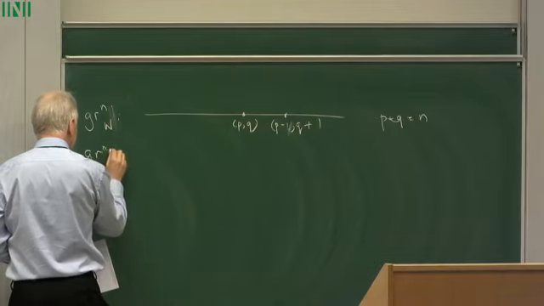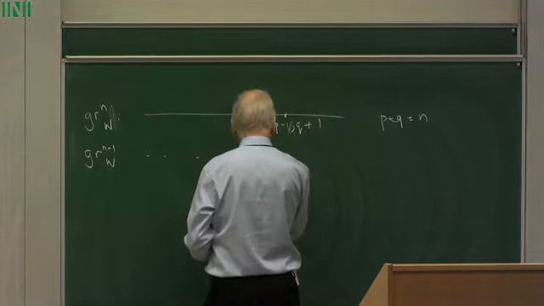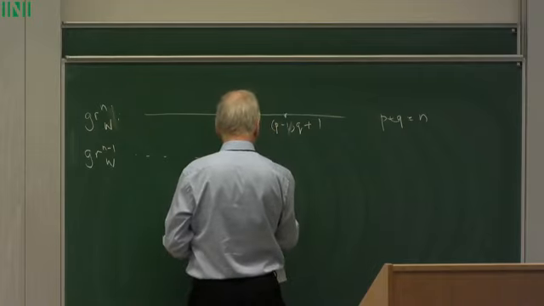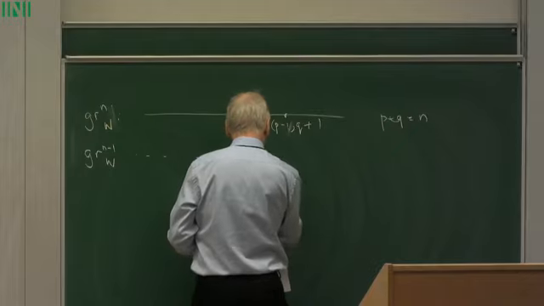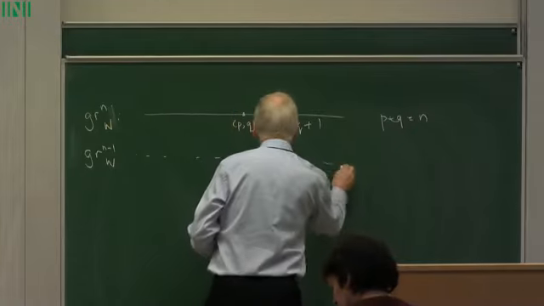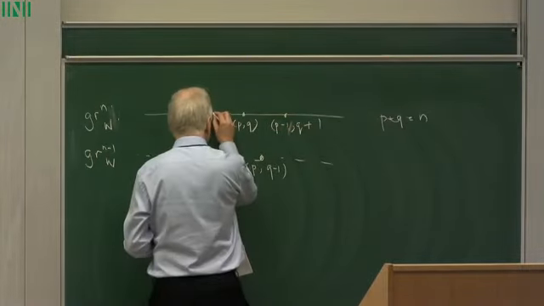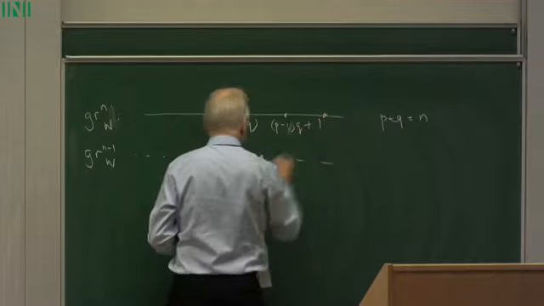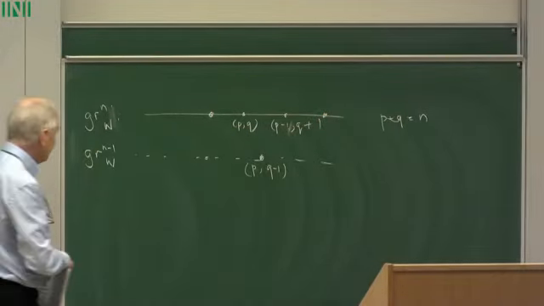So this will be n-1, along here. So we'll have here p, q-1 and so on. So here are the various (p,q) parts of the individual graded pieces.